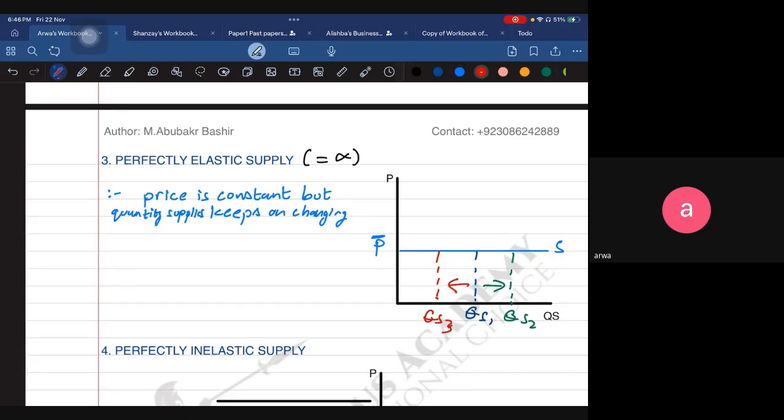Here the price is the same, but the quantity supplied is increasing or decreasing. I'm unable to hear you, your voice is very low. Can you hear me? Yes, now it is clear. Okay, so the price is the same, but the quantity supplied keeps changing.